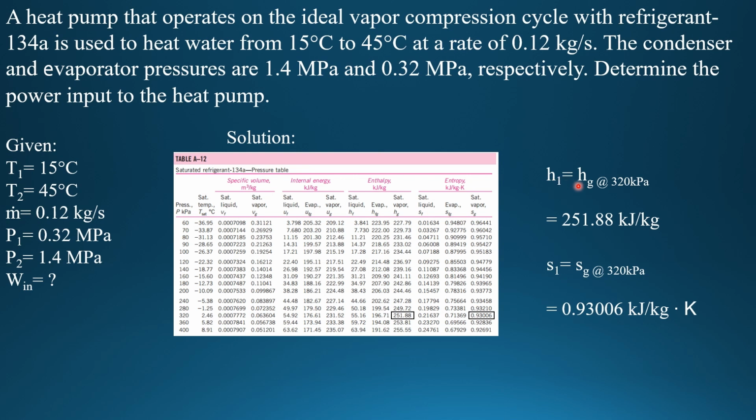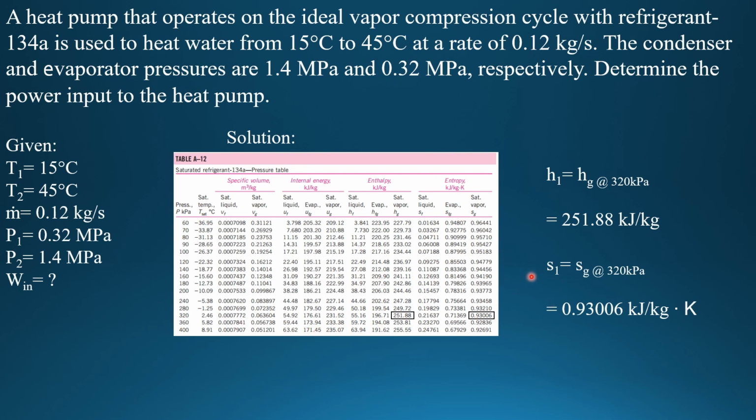So first, we will be identifying the specific enthalpy of state 1, that is the h1, that is equal to hg, or the specific enthalpy of the vapor at 320 kilopascal, that is equal to 251.88 kilojoules per kilogram. Here you will find that value in table A-12, the saturated refrigerant 134A pressure table, at 320 kilopascal.